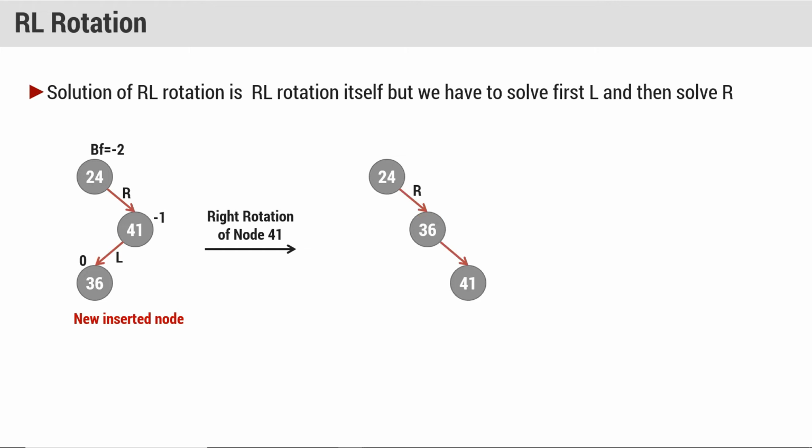So the solution of this right rotation is one left rotation at node 24. So by left rotating, our tree becomes: 36 becomes root, 24 becomes the left child, and 41 becomes the right child. So this is the RL rotation. So for this AVL tree, we have four rotations, that is LL rotation, RR rotation, LR rotation, and RL rotation.